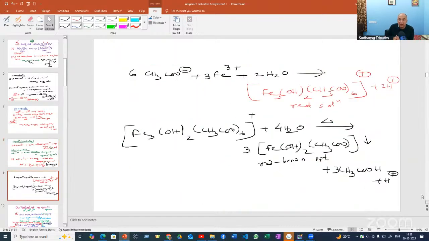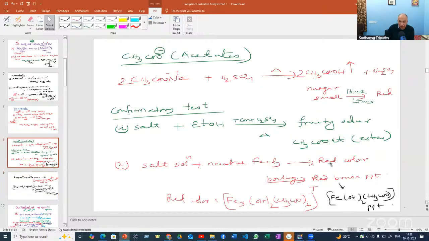But if it is a red solution, if you are adding more acetate ion, excess, then you get hexacetate. But if there is water, if you just take that red solution, it will produce first the red solution. Here, I have written here, this is the red solution, this one.